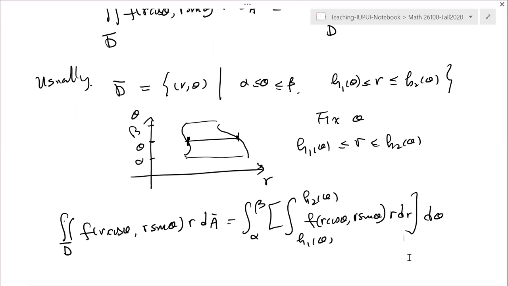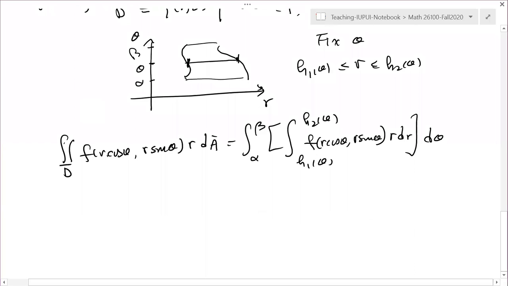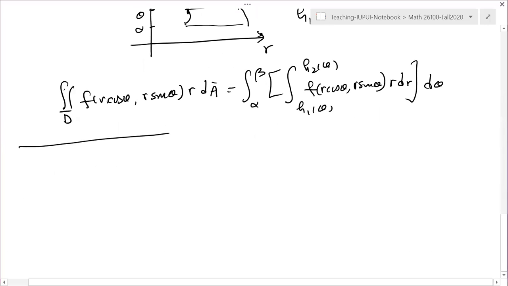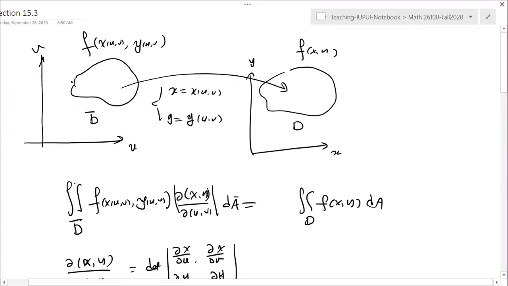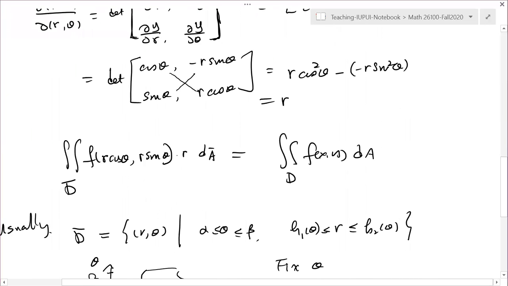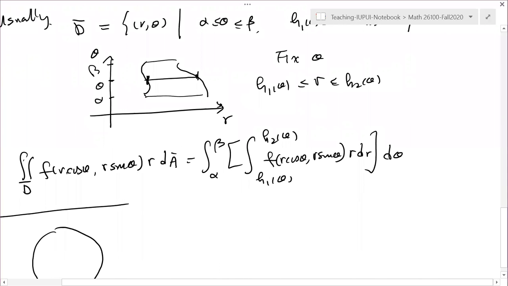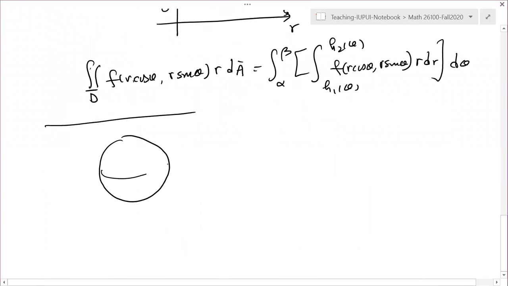Have we heard about the formula for the volume of the ball? Now we can use calculus to prove that. This is a ball with radius r.